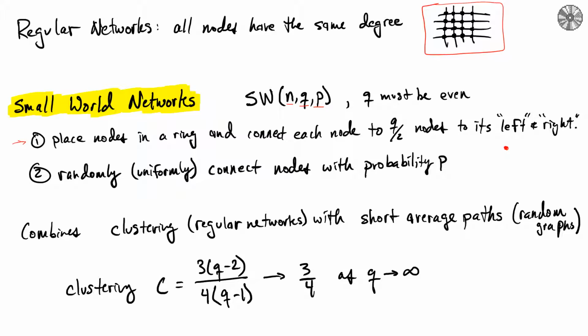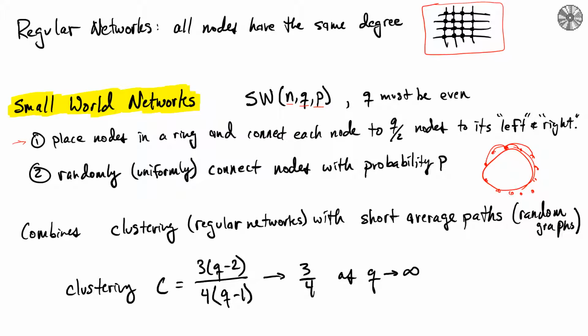So if q is 4 and we have nodes in a ring like this, then that means we're going to connect this node to the 4 nodes closest to it. So 2 on one side, 2 on the other. And then you would repeat this process for all of the nodes in the ring, which creates a structure of connectivity that essentially wraps around the network.